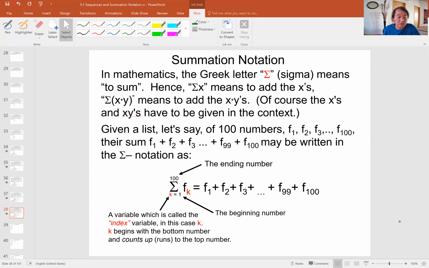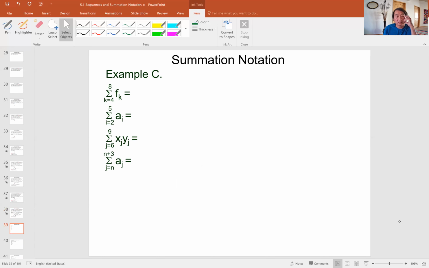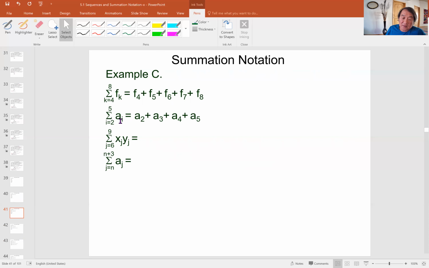That's the summation notation. This one says start from 4 and stop at 8, so 4, 5, 6, 7, 8. You add those 5 numbers. The second one, you add from the second entry up to the 5th entry, so a sub 2 up to a sub 5, and add everything in between.